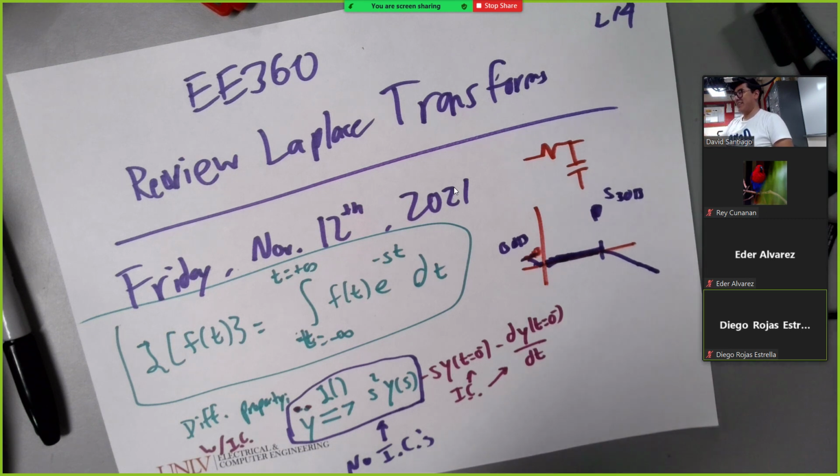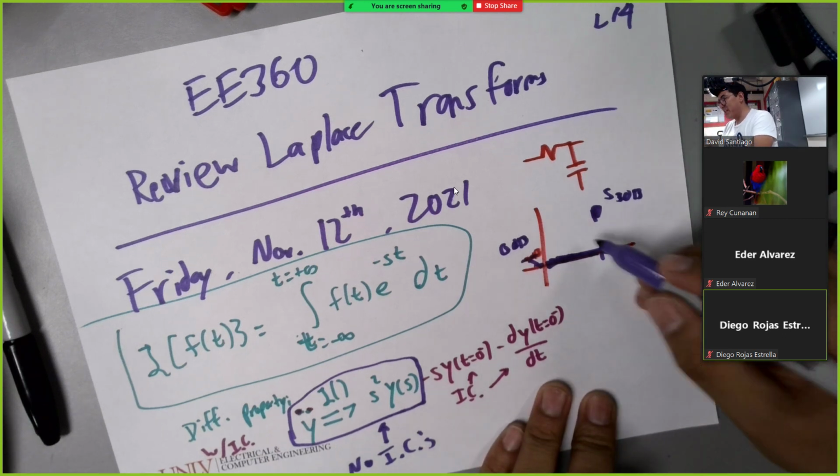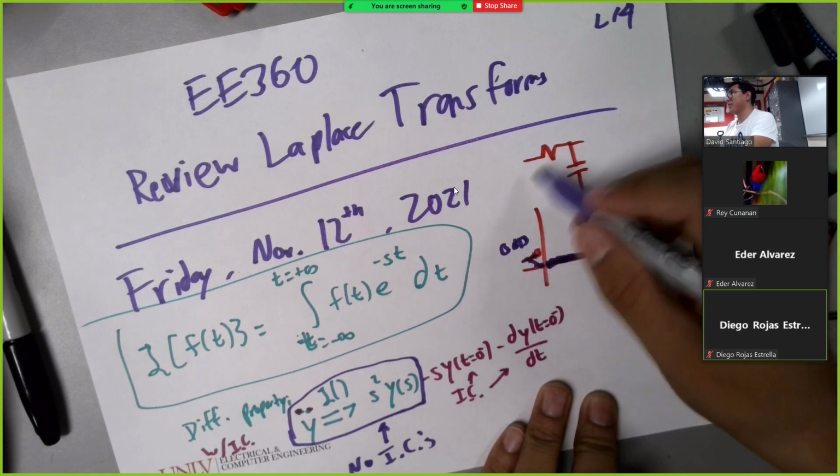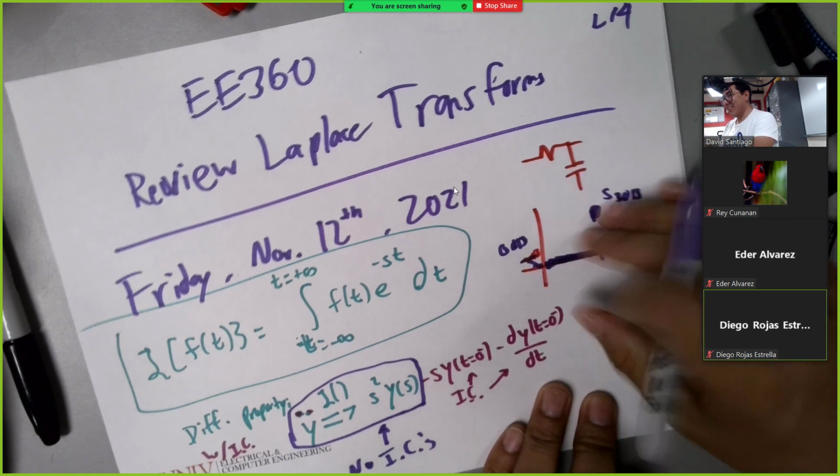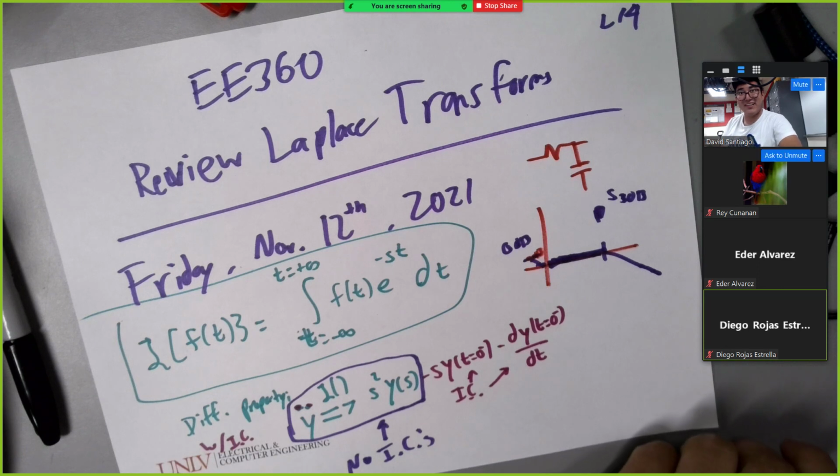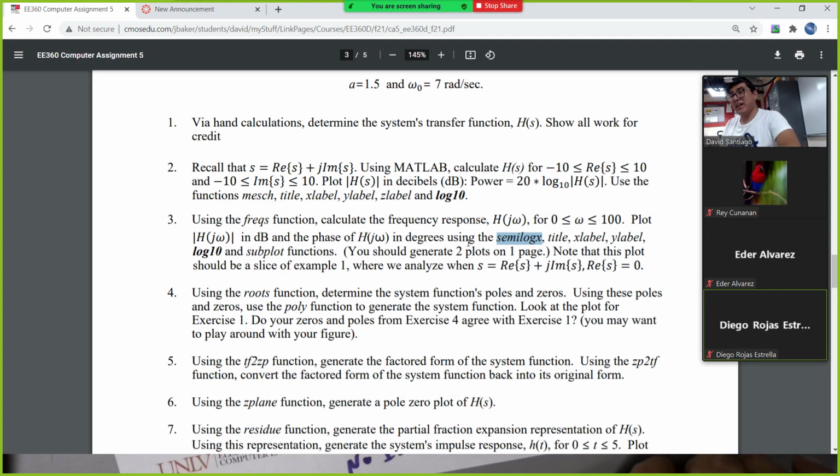S is equal to 2 pi F, and then to get F, you divide. But you should be seeing 0 dB for this RC circuit. So similarly to this assignment, you might not see 0 dB, but you'll see something that looks kind of familiar.